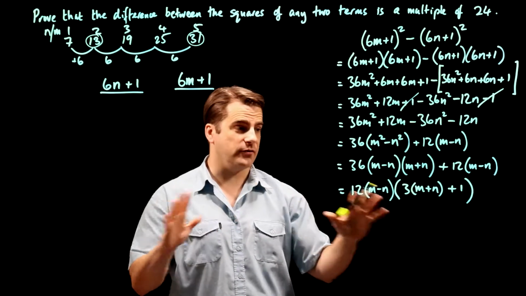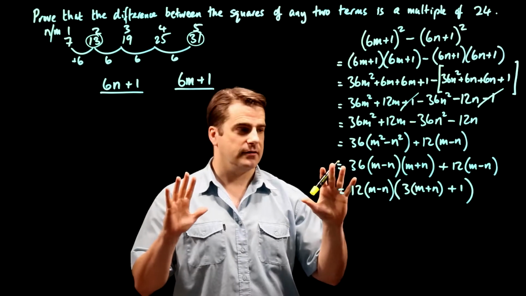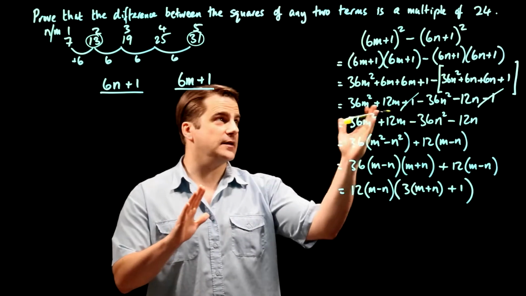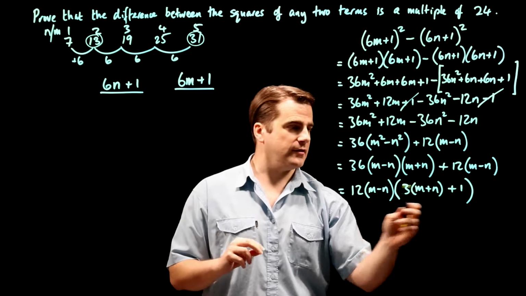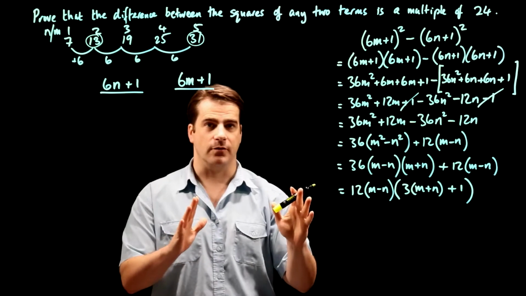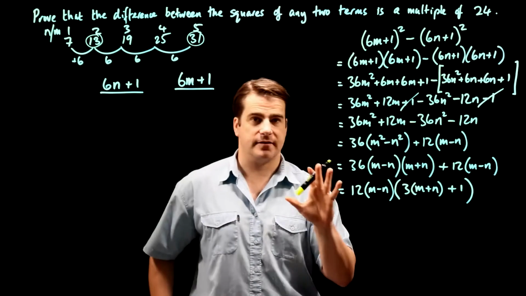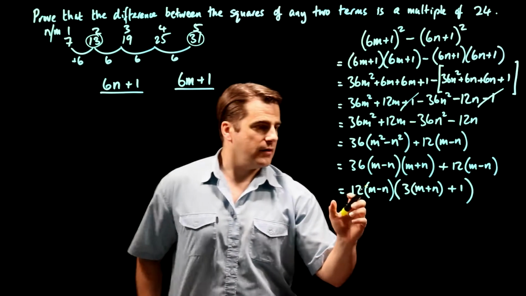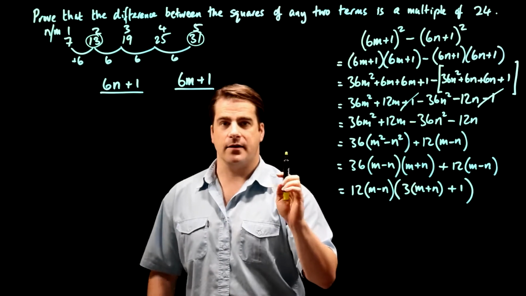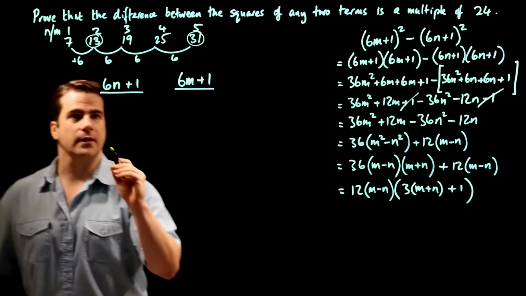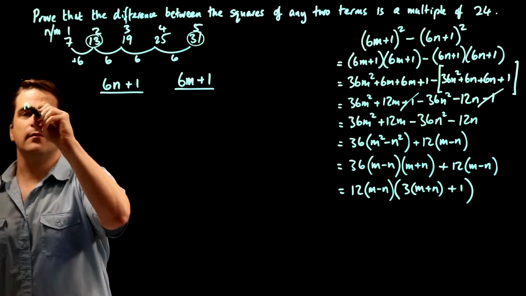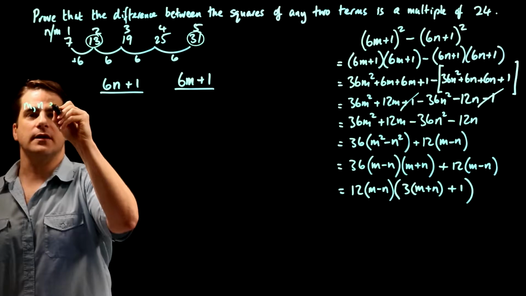Okay? And then you've covered all cases. And it should turn out that in all those cases, this will be a multiple of 2. Okay, so let's start with m and n both even. Okay, m and n even.